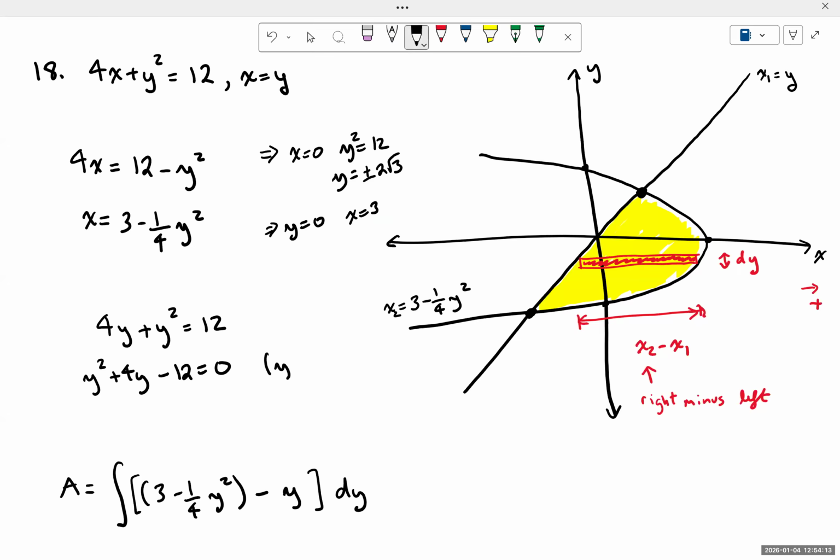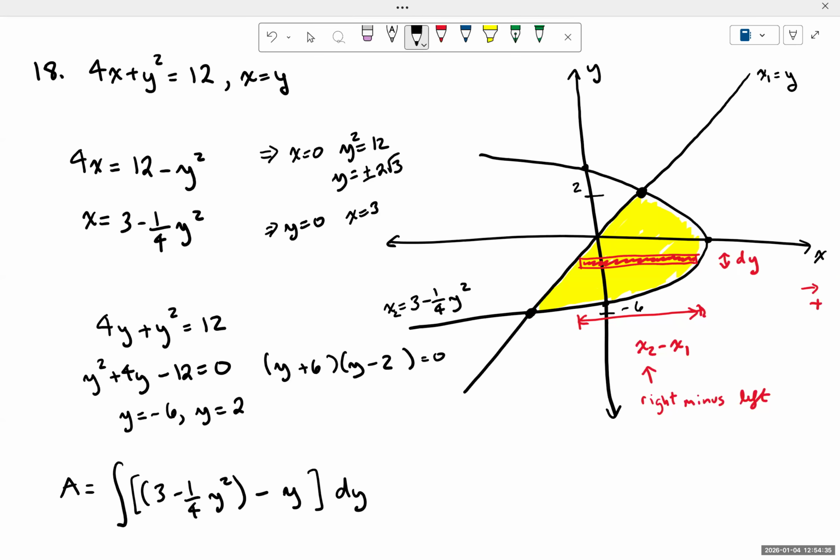Well, we know how to factor that. So that would be plus 6 and minus 2. So that gives me y equals negative 6 and y equals 2, which looks at least somewhat reasonable. So this would be 2, and this would be negative 6.